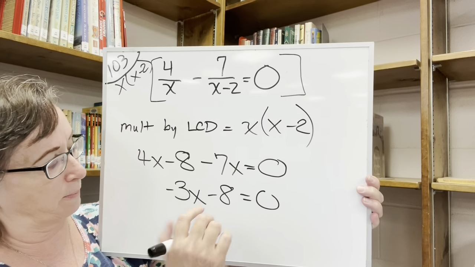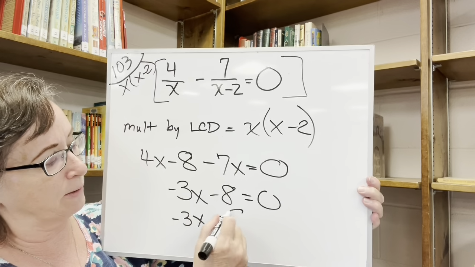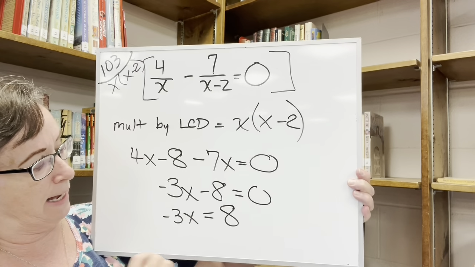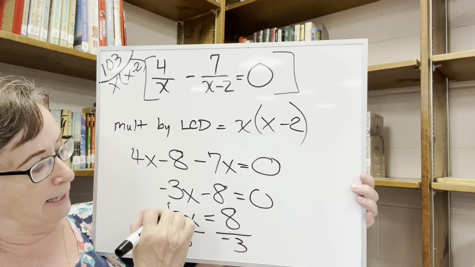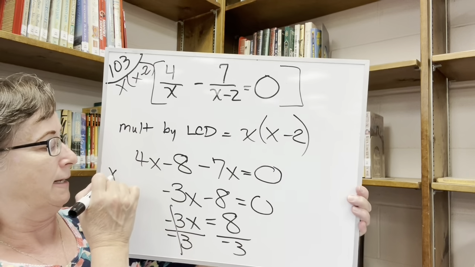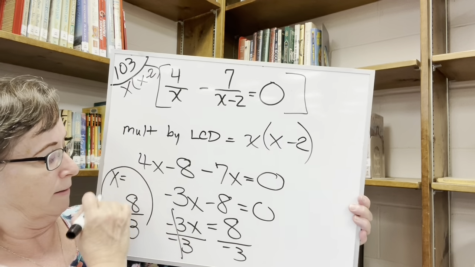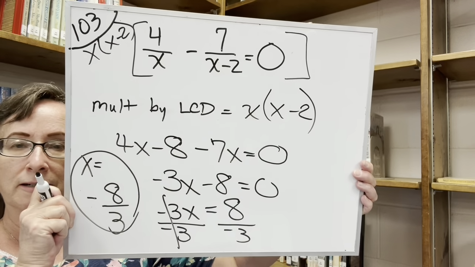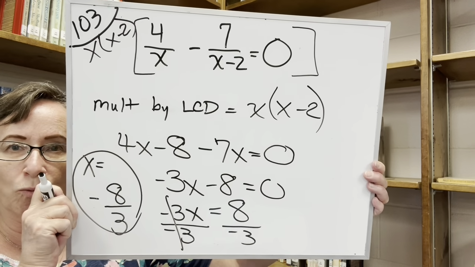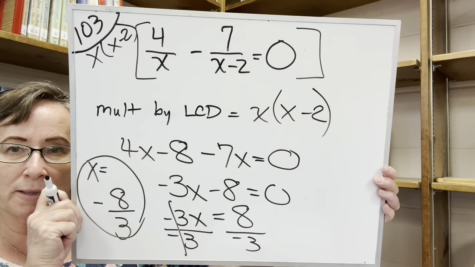So I'm going to put minus 3x equals 8 by adding the 8 to both sides. Divide by -3, divide by -3 to get the x by itself, and x is -8/3. And x is -8/3 is the answer. And we have one more example and then some practice problems.